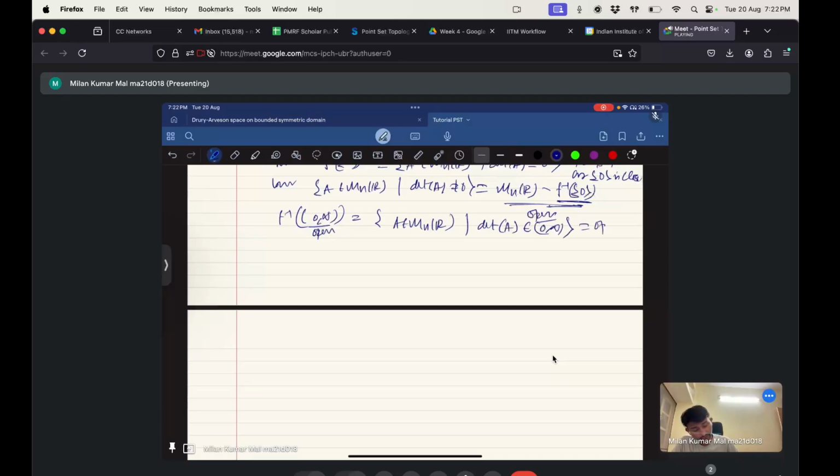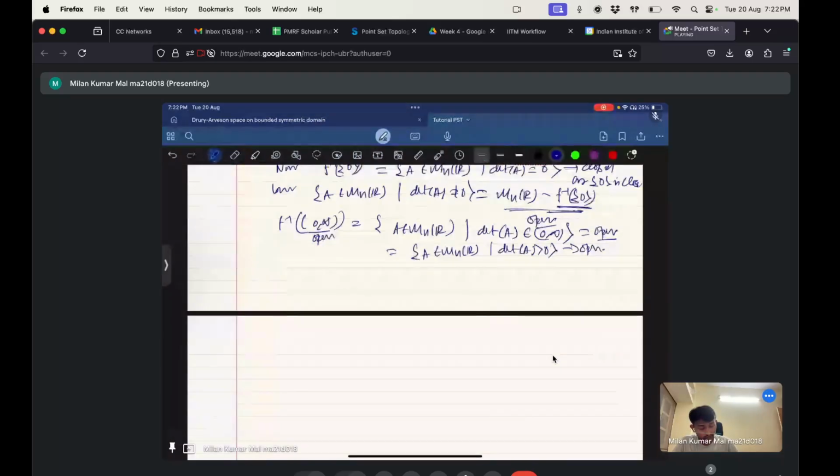This is open because F is continuous and 0 to infinity is open. This is equal to all A belonging to MnR such that determinant of A is positive. This is open, right? Now the last option, option D. What option D says is GLn plus R. Sorry, option D is correct, so that means this is open also.